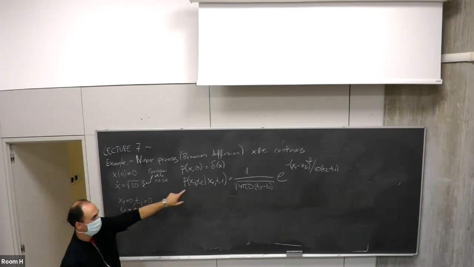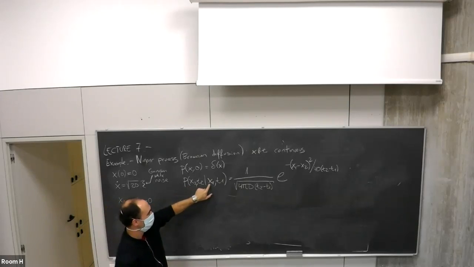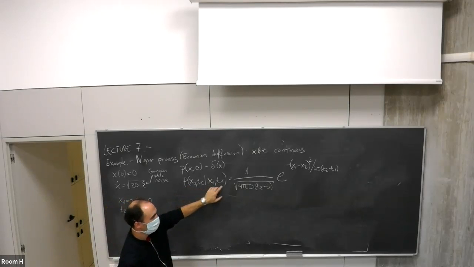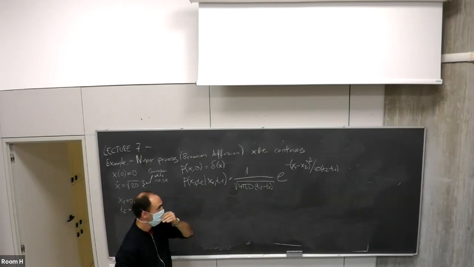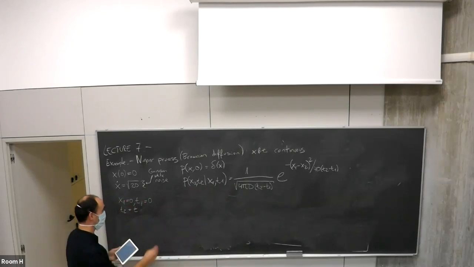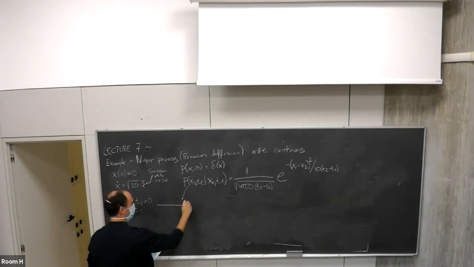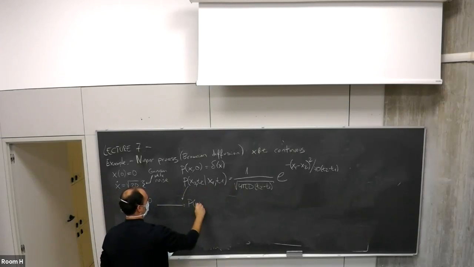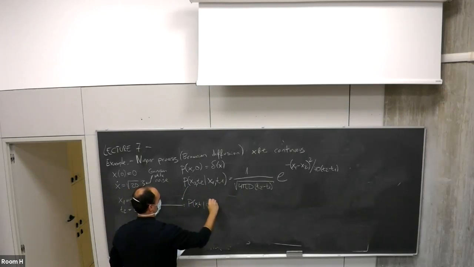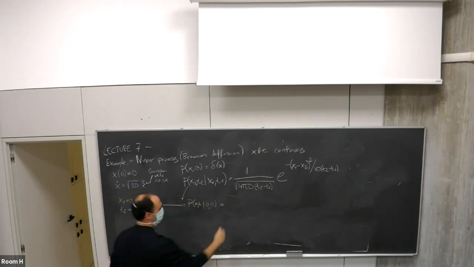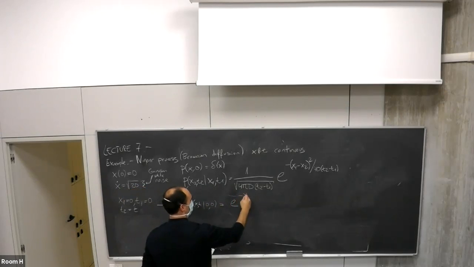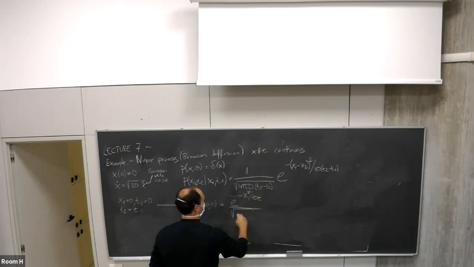You take this and set x1 equal to 0 and t1 equal to 0. What you get when you do this replacement is P(x,t given 0,0) equal to the exponential of minus x squared divided by 4Dt, divided by the square root of 4 pi Dt.